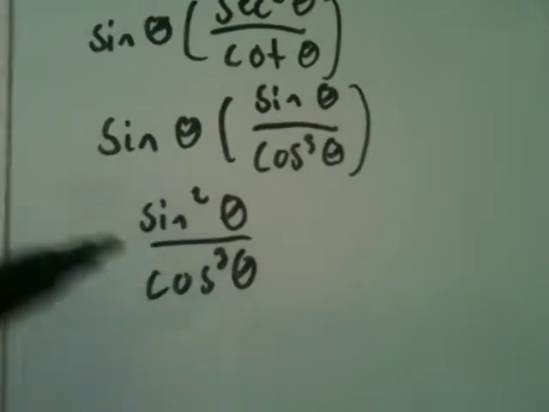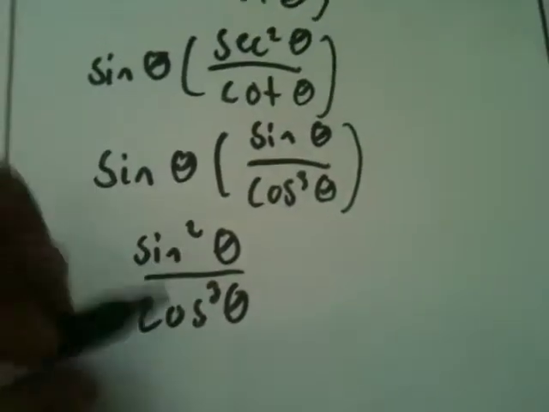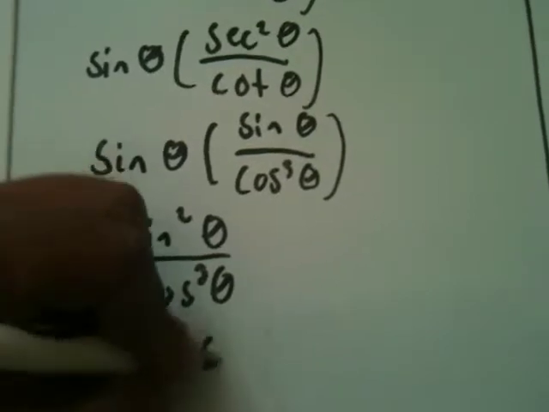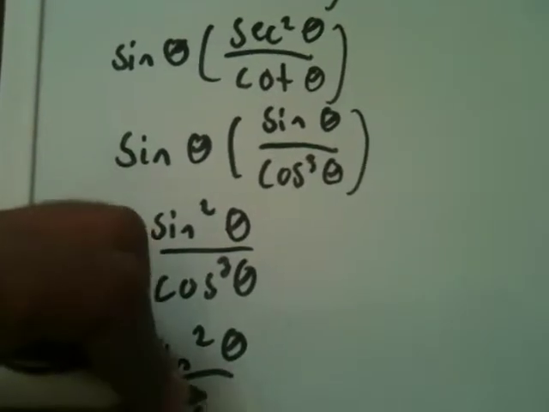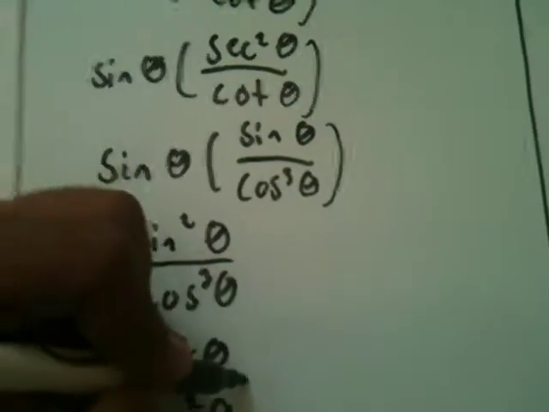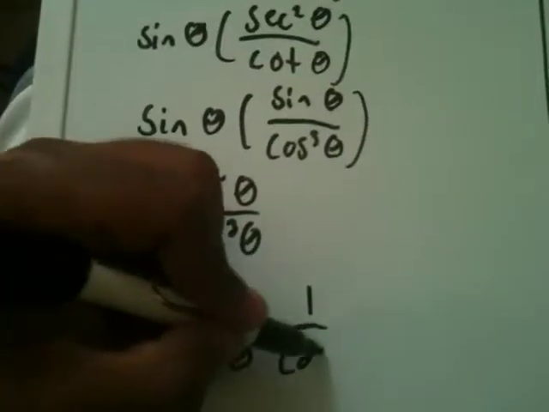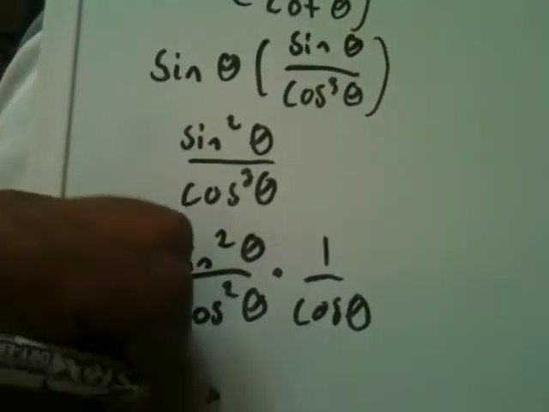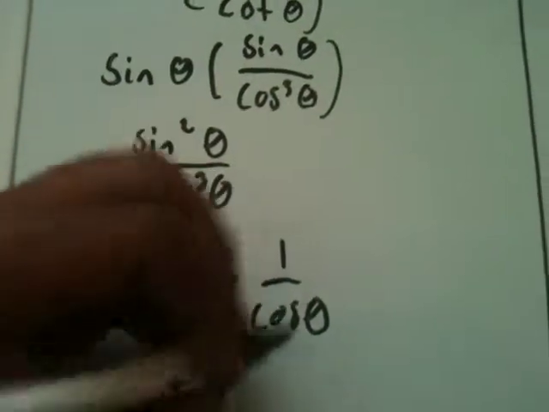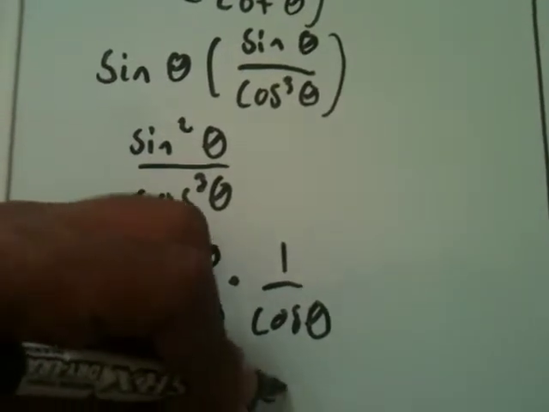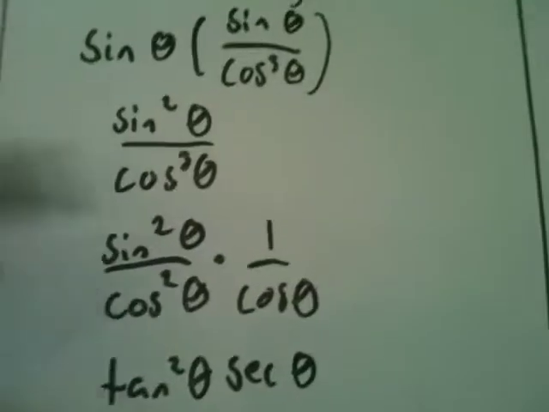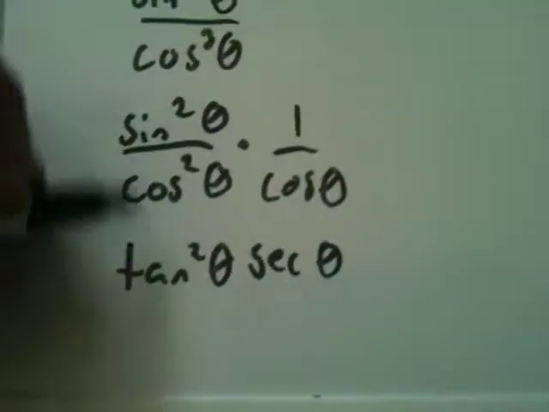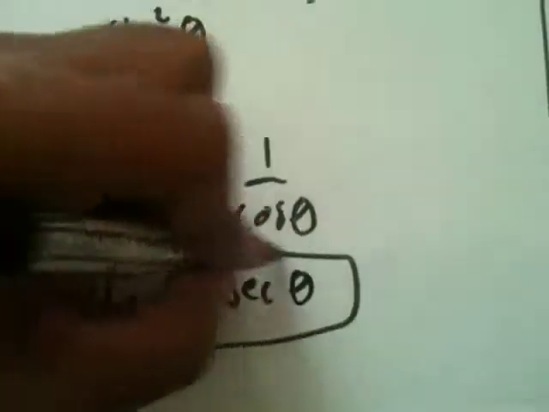I'm sorry I'm rambling, it's hard to do this on the fly. So, we can say this is sine squared of theta over the cosine squared of theta times 1 over the cosine of theta. This is equal to the tangent squared, and this is the secant. And it pretty much looks like that's it. That's all we can do to simplify this down. So that's our answer.